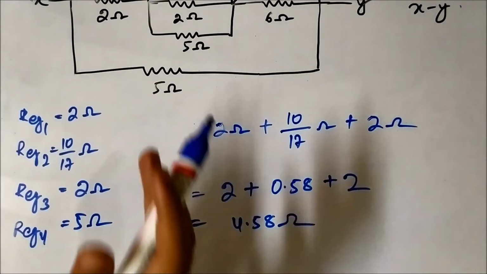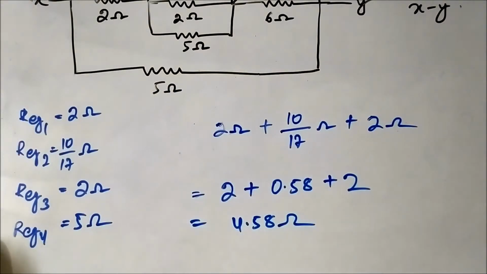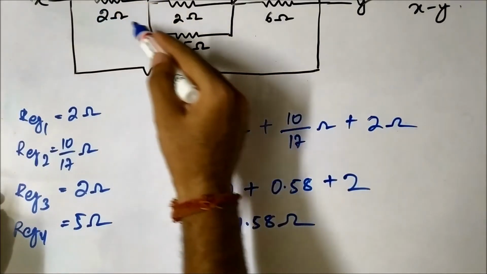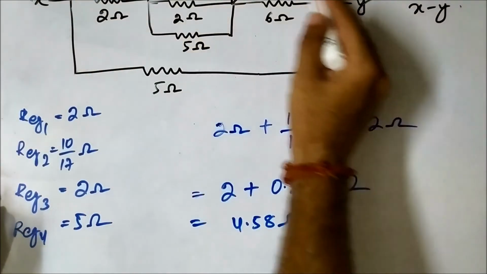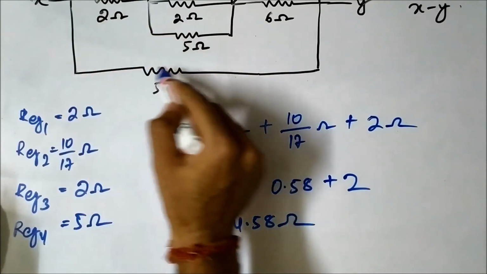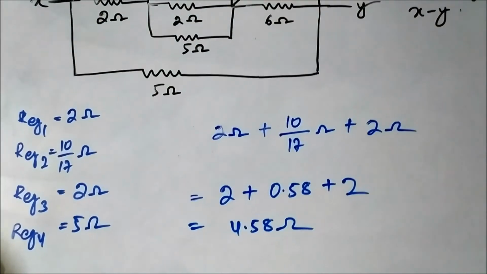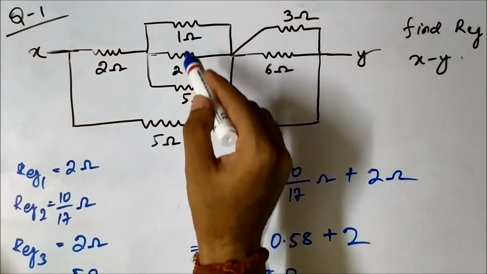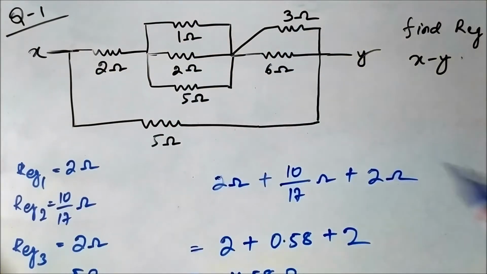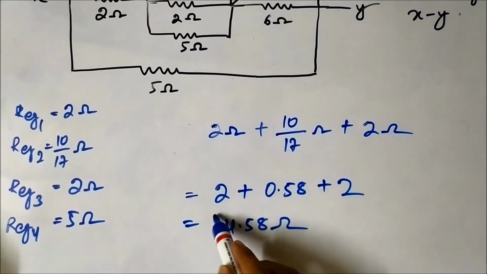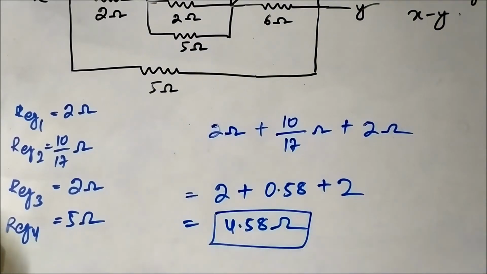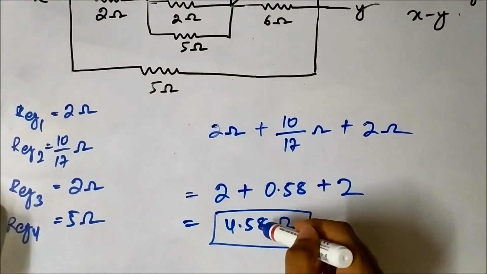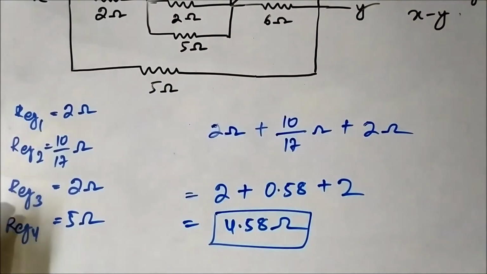The purpose is to make you understand how this thing works. Okay, so the equivalent resistance of this part, which involves the 2 ohm resistance, the 1 ohm, 2 ohm and 5 ohm resistance, and the 3 ohm and 6 ohm resistance, we calculated as 4.58 ohm. Now this 4.58 ohm is in parallel with 5 ohm.